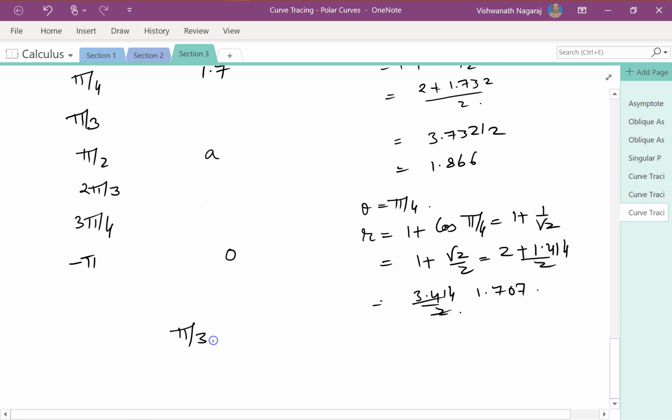Now pi by 3, you got the idea now, so I'll just write the results. When theta is equal to pi by 3, this is 1.5. When theta is equal to 2 pi by 3, r is equal to 0.5.